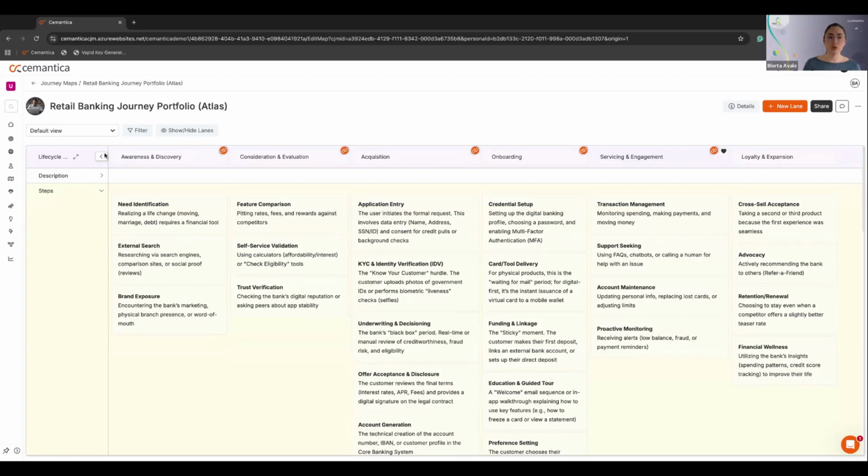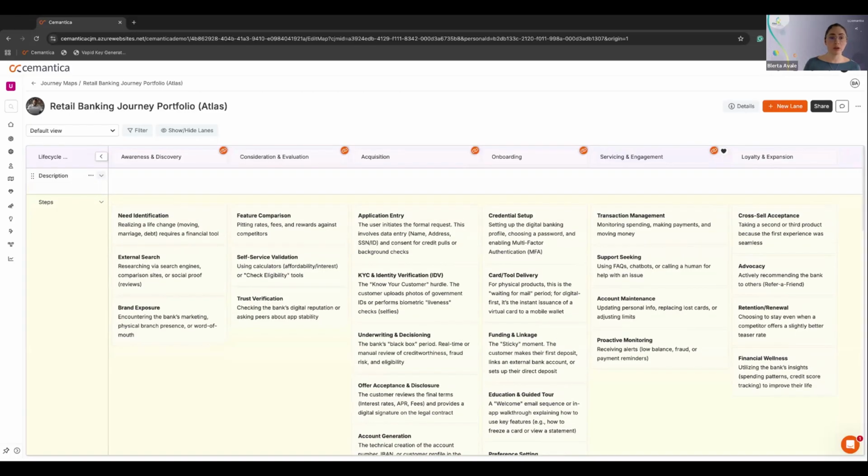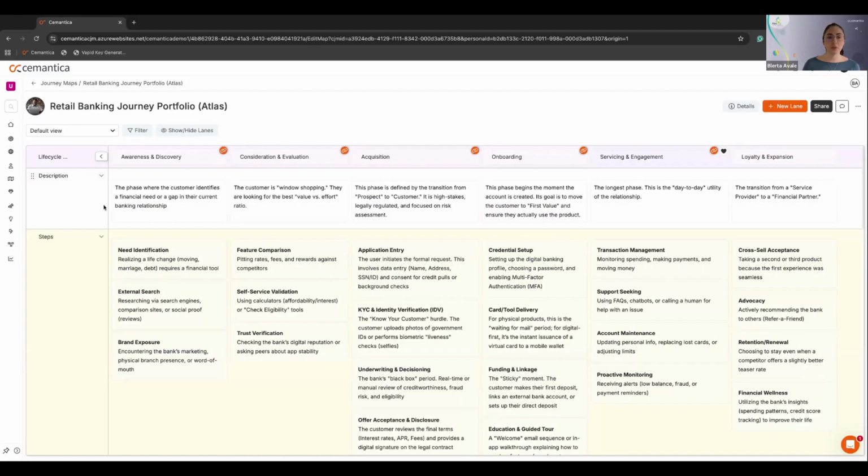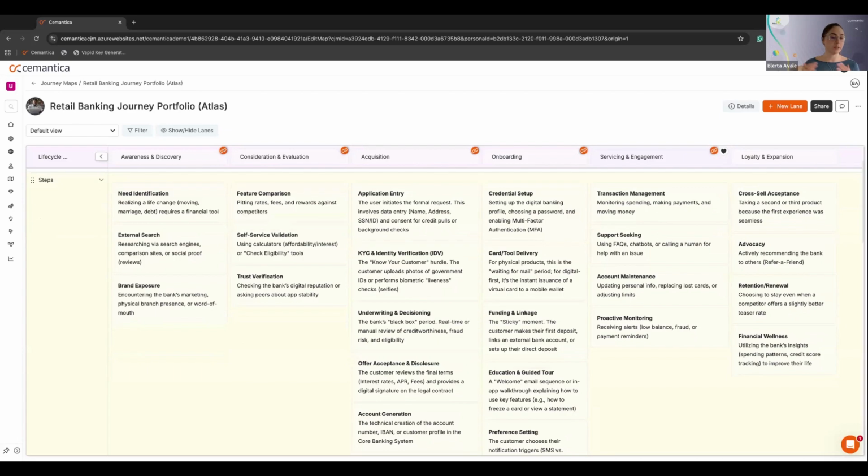If you want to have a description, you can add a description lane, and you can elaborate more on what is going on in each of these different stages of the life cycle. And then underneath, we continue in the portfolio and we add the steps.